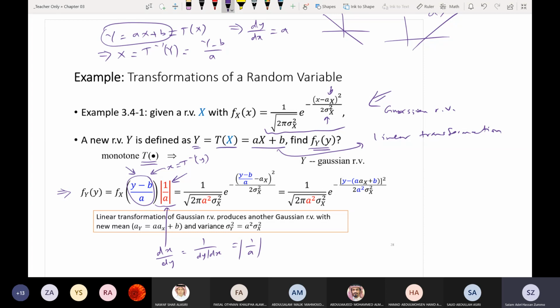It's a general case. واضحة يا شباب؟ So now, in order to find this, simply we take the PDF of X, we replace x by (y minus b) over a. هذه هي الx كانت هنا. We replace it by هذه. And we multiply by 1 over the absolute value of a, which is this one, the red one.